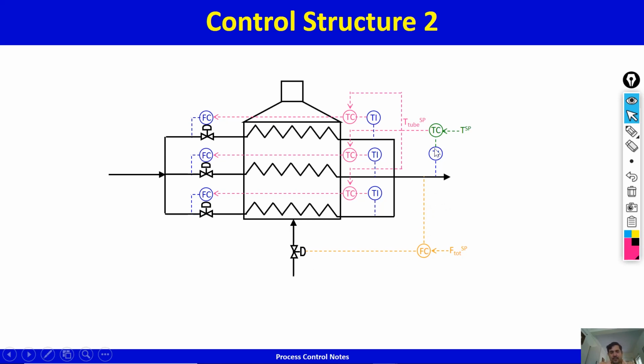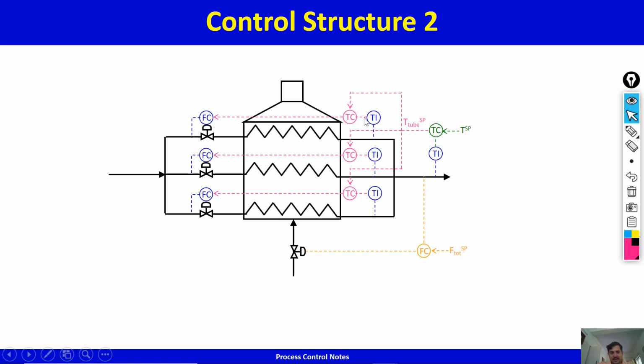Let's see how this thing will work. Let us say the temperature at the outlet is lower than set point, is decreasing below set point. So what this guy will do is, the temperature is decreasing, I want the temperature to increase. In order to increase the temperature, T tube set point will be increased.